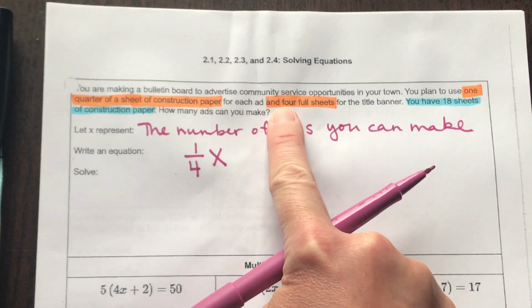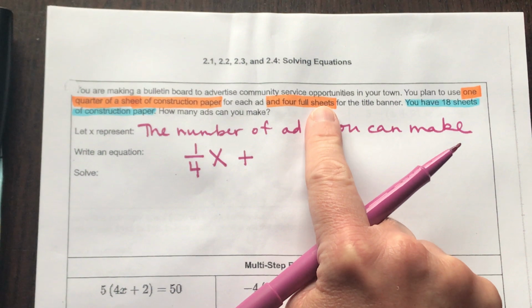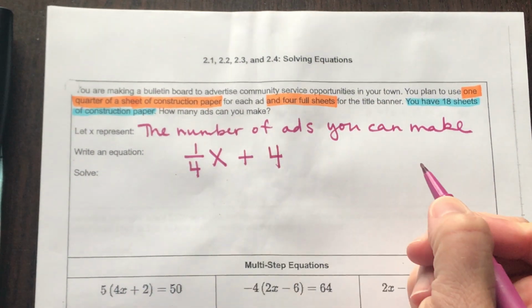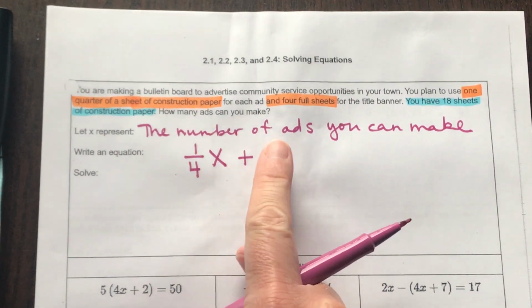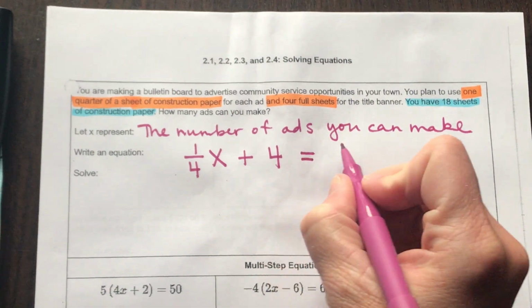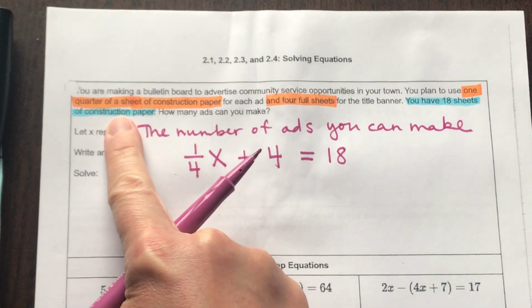And additionally, I will use 4 full sheets of paper for the banner. So plus 4 full sheets. So that's the ads, the banner and the ads. I have a total of 18 sheets of paper that I can use for construction.